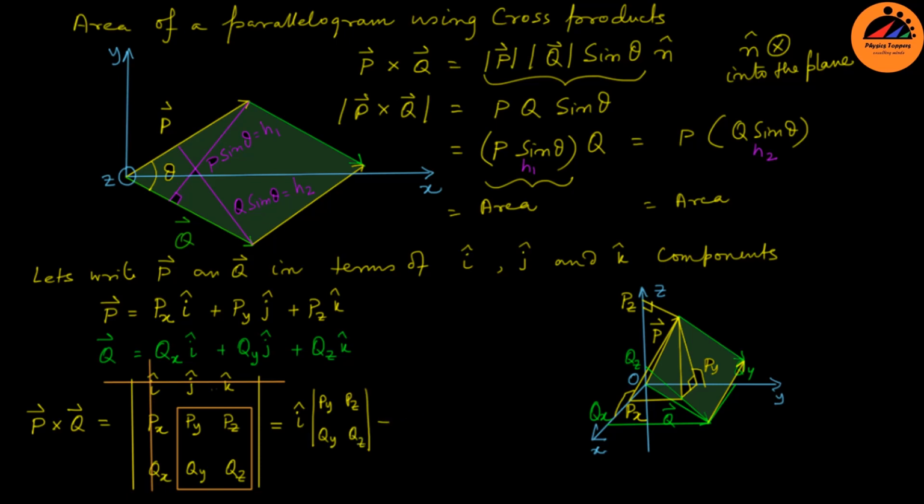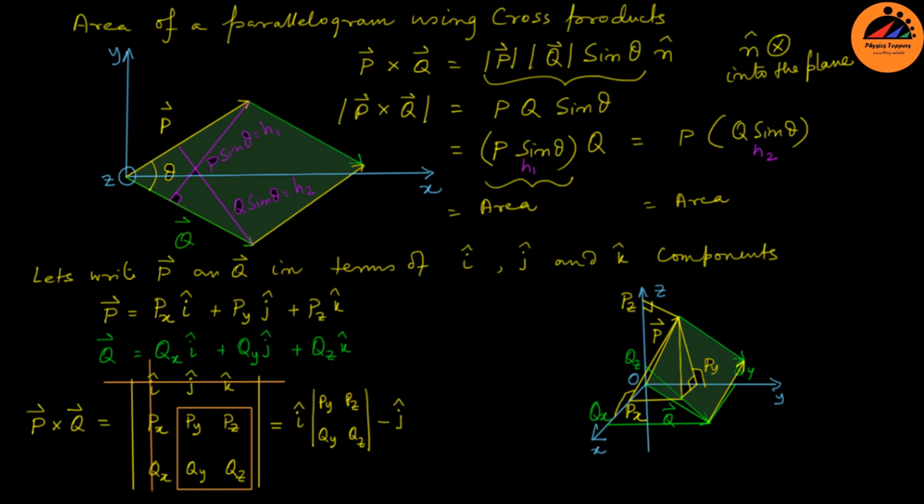Then whenever you take j, you should take minus, because the reason is, I'll tell you later in a separate video why this minus sign comes. Minus sign comes because the j is first row second column element, right?